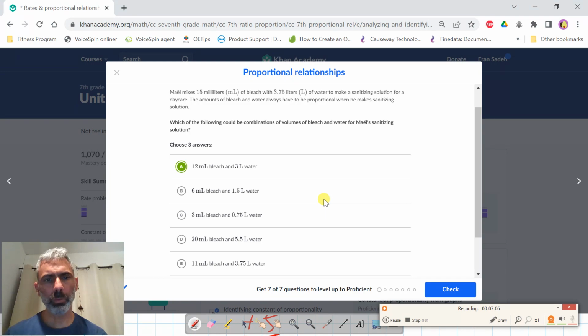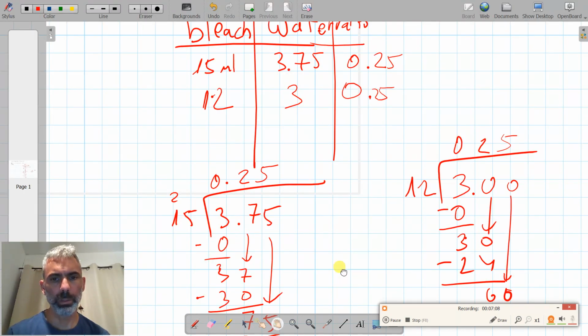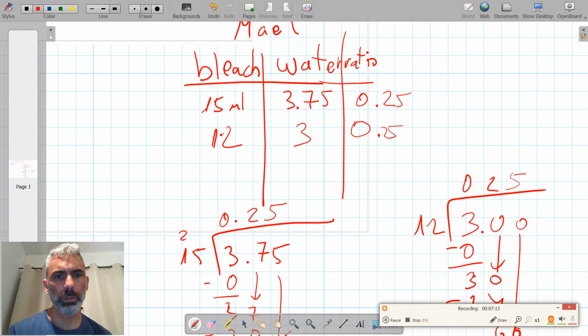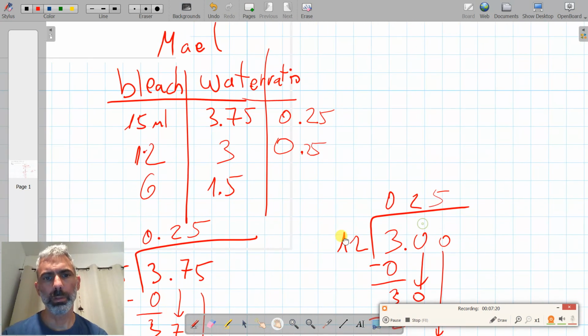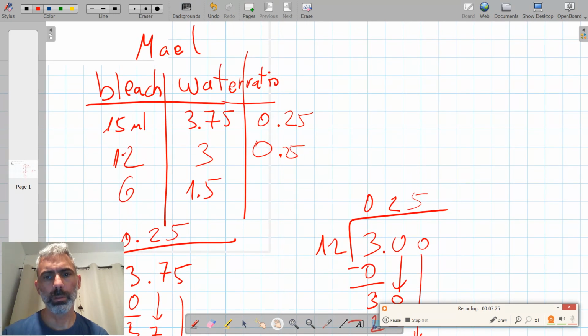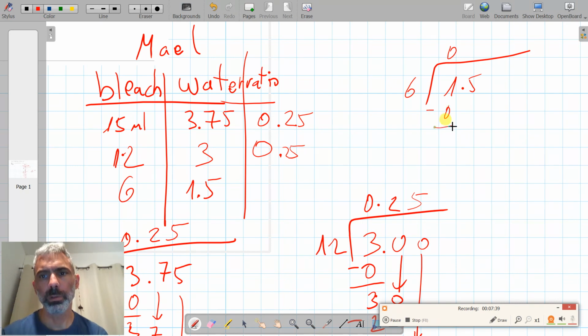6 milliliters and 1.5 liters. So 6 and 1.5, and 1.5 divided by 6. 6 goes into 1 0 times. 0 times 6 is 0.